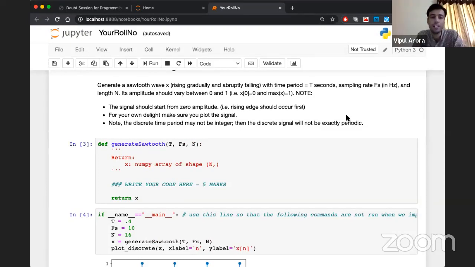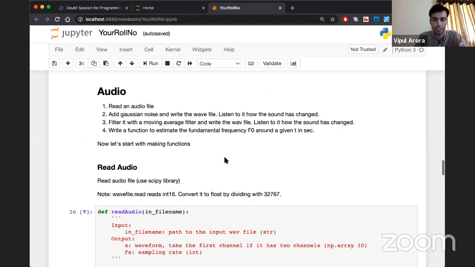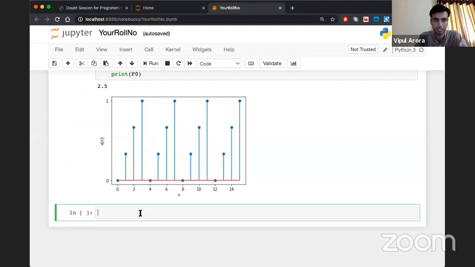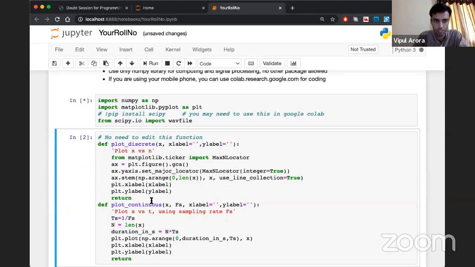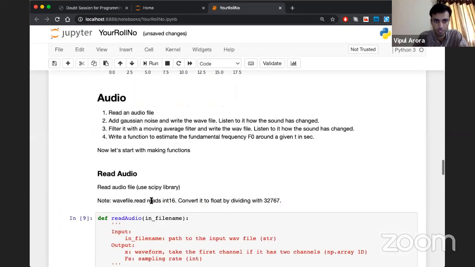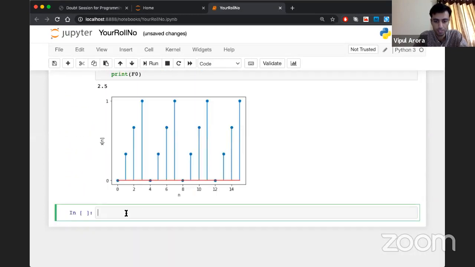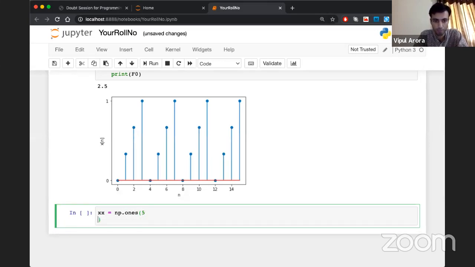Okay. So you have any NumPy array. Let's say I define, first import NumPy. I will say x is equal to np.ones(5). And I say print x.